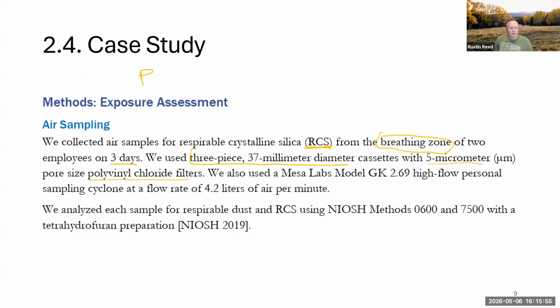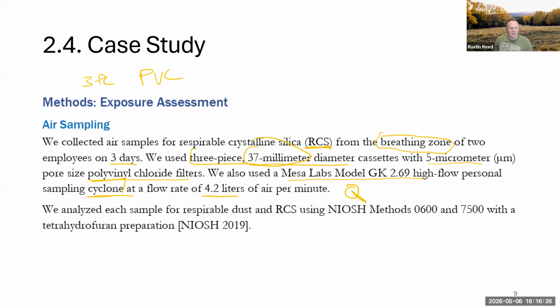So it's a 3-piece PVC filter cassette, 37 millimeter. They used this cyclone. So I have not used that, but it's a Mesa Labs GK 2.69 high flow cyclone at a flow rate of 4.2 liters. Okay, so liters of air per minute. So that's their flow rate there.